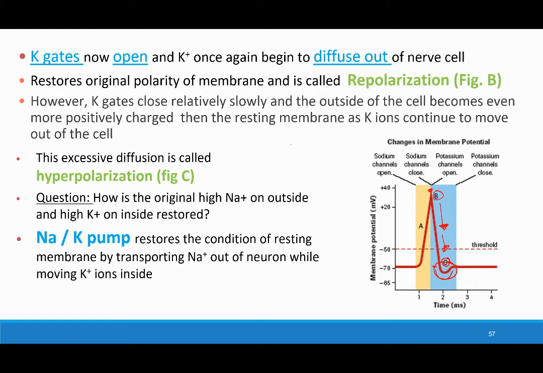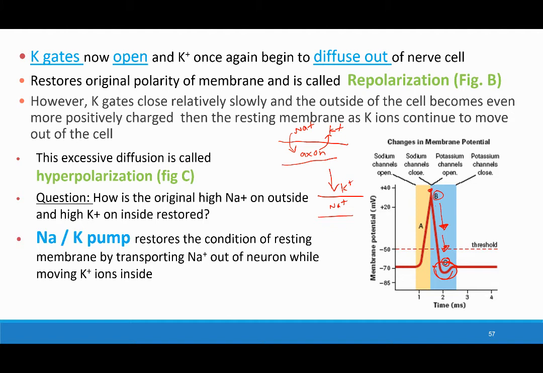So now essentially, if you think back to what just happened, we had depolarization where sodium ions have rushed in. That's followed by repolarization where potassium ions have diffused out. This is my axon here, the inside. So essentially what's happened now is we have high sodium on the inside and high potassium ion concentration on the outside.